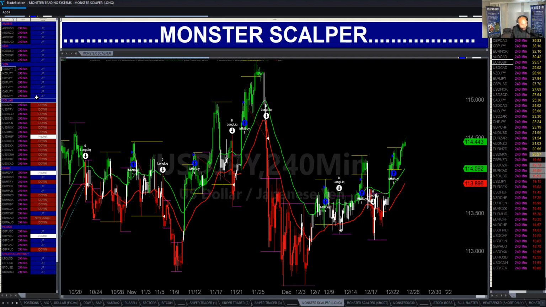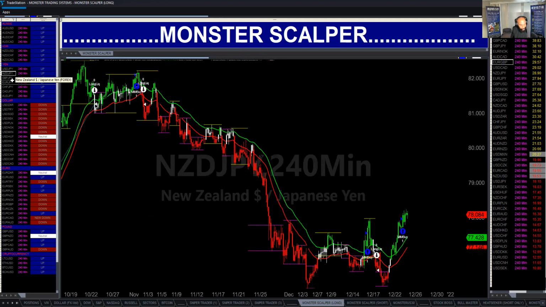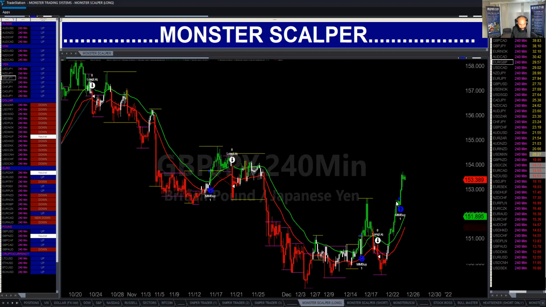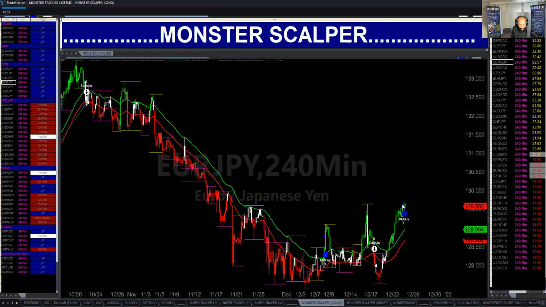That's okay. That's the dollar yen. Let's see here. The Kiwi yen, New Zealand yen, gave a buy signal. The pound yen gave a buy signal right here. I really like the pound yen. Euro yen, I think it gave a new buy signal right here.